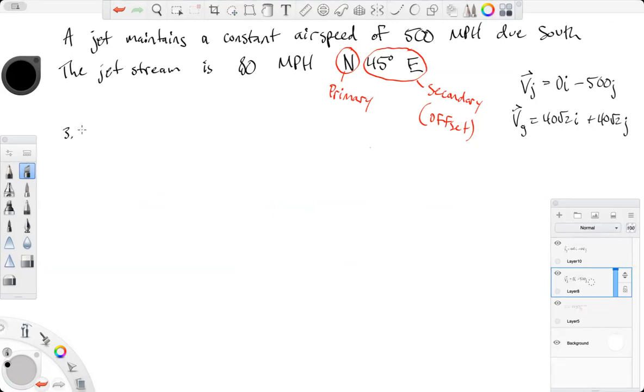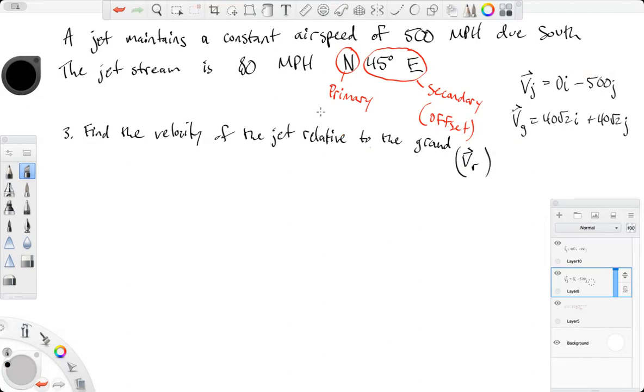So part 3, find the velocity of the jet relative to the ground. And we'll call this VR. Doesn't matter what we call them. Okay, so the velocity of the jet relative to the ground.